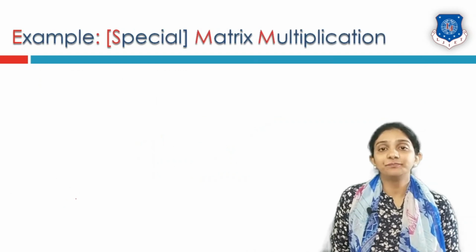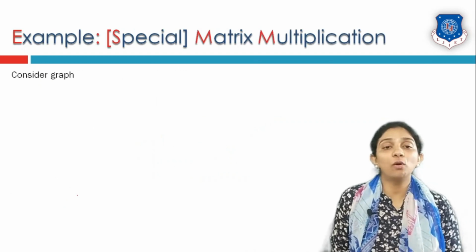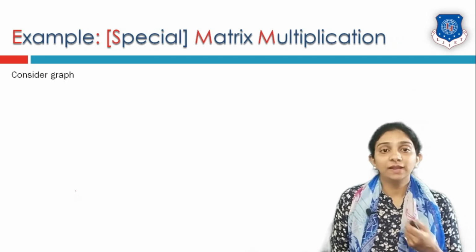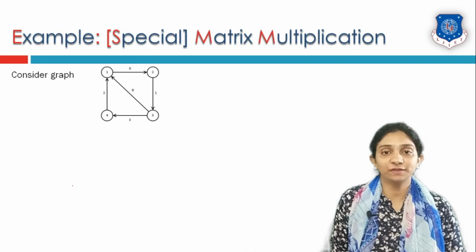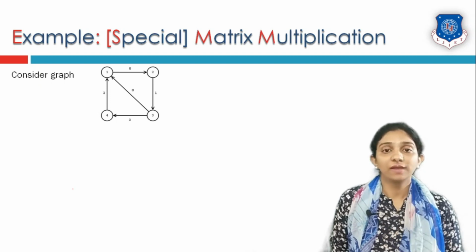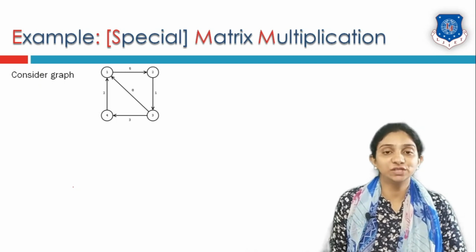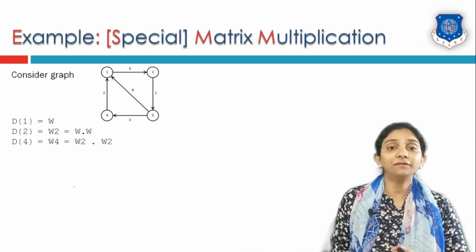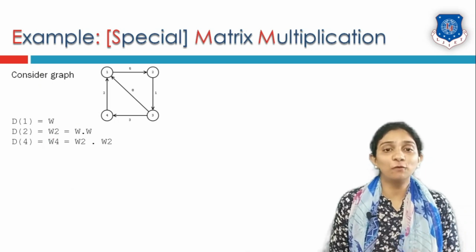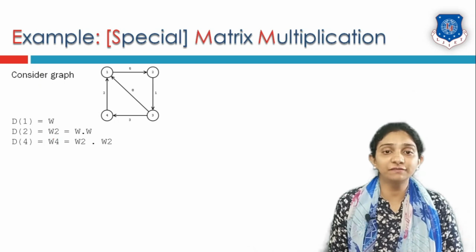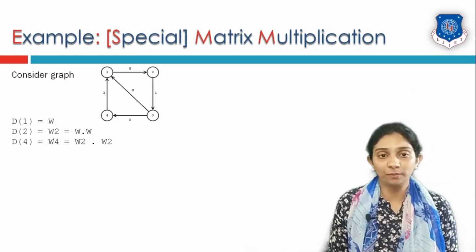So let us see how special matrix multiplication works to find all pair shortest path. Let us consider a given graph in which there are 4 vertices 1, 2, 3, 4, and the weight of edges is present on the edges themselves. Here we have to find the distance matrices. Since there are 4 vertices in the graph, we have to find the distance matrix up to 4.